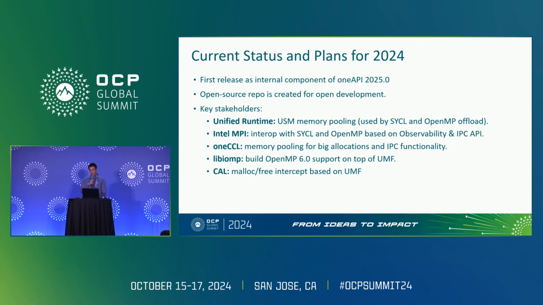Unified Runtime is a component that is underneath SYCL, and other projects that are also working on integrating UMF include Intel MPI, oneCCL, libIMP, and CAL. The UMF project is entirely open sourced, and you can find the GitHub repo at the next slide.